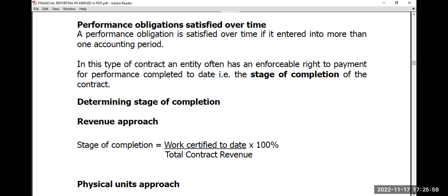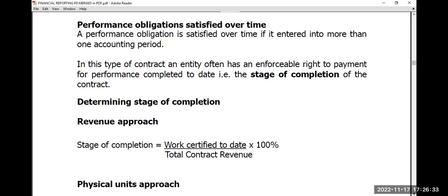We are saying that a performance obligation is satisfied over time if it enters into more than one accounting period, something that goes above one accounting period or 1 year. It means it's something that is going to take long. In this type of contract, an entity has an enforceable right to payment for performance completed to date.